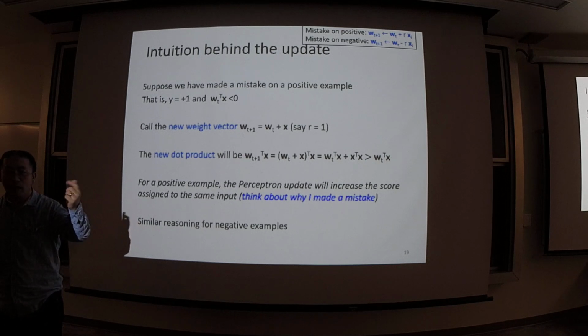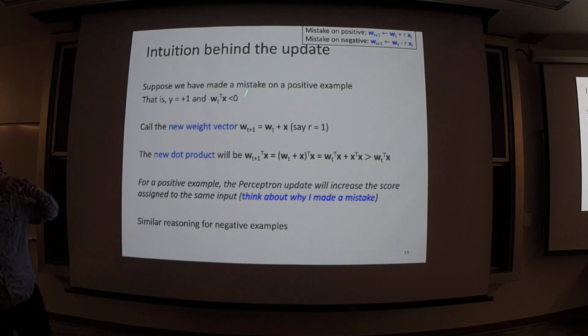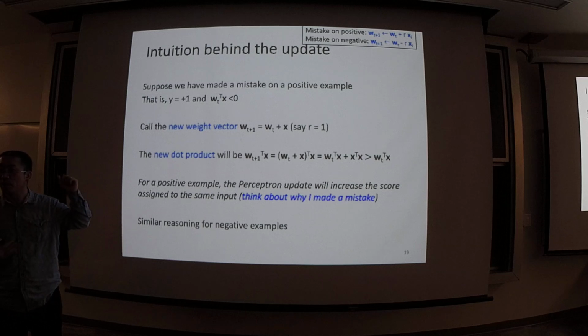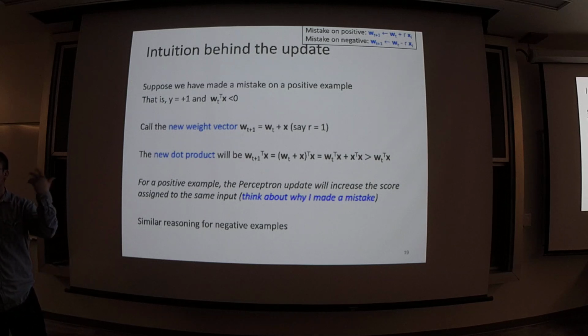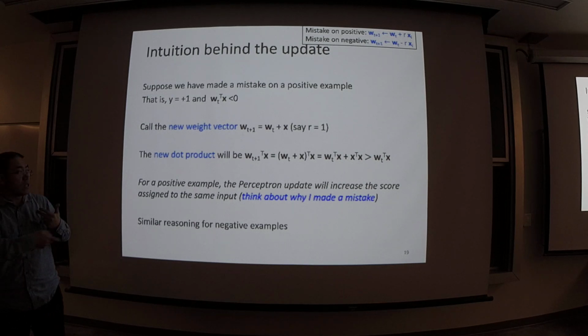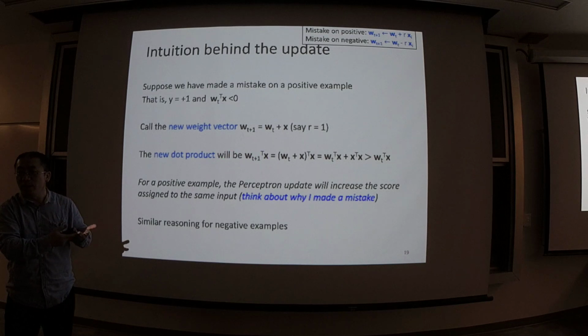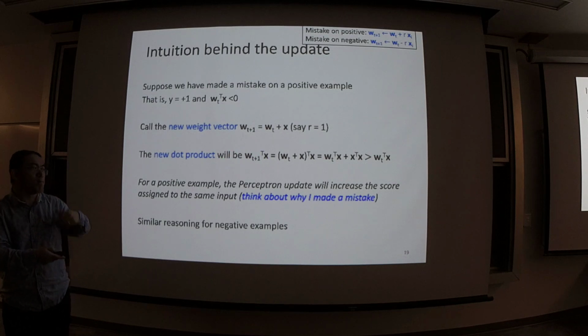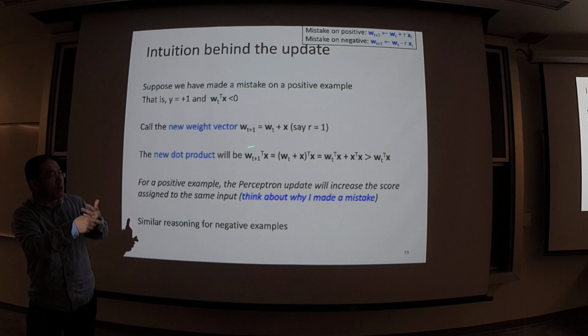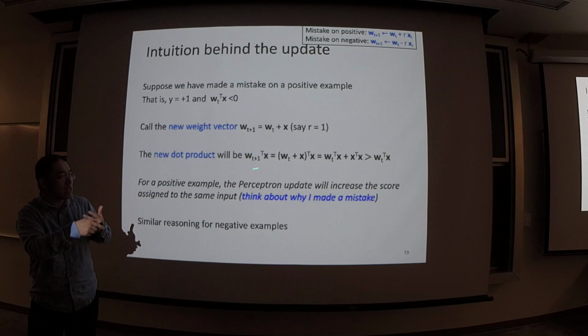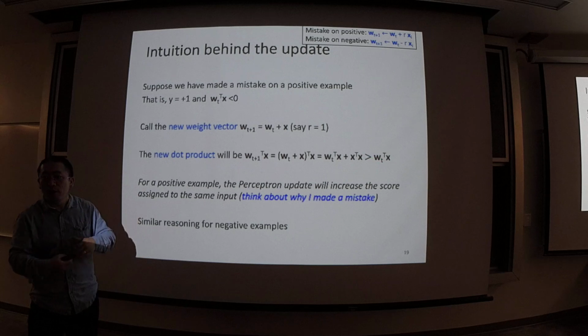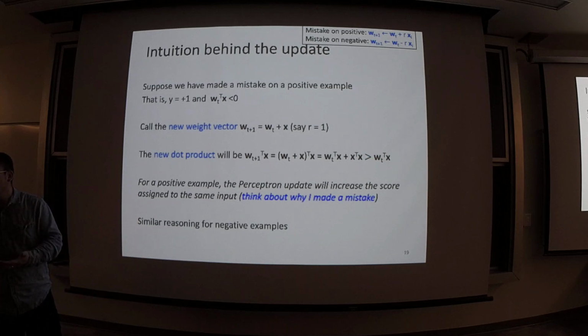Our previous value was too small, below 0, so I made a wrong prediction for this positive example. If I want to update my weight vector, I should ensure that after the update the classification function value is increased, so that the updated value can somehow exceed 0, and we can correct our mistake.